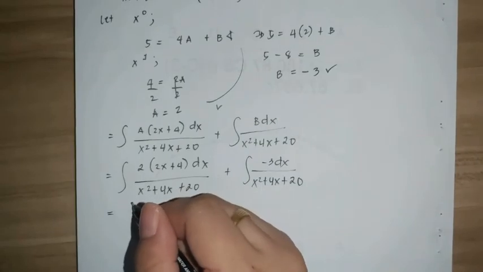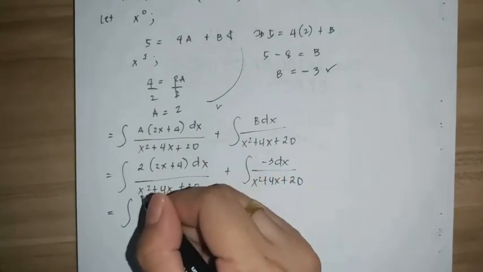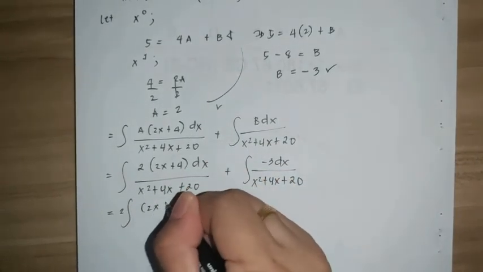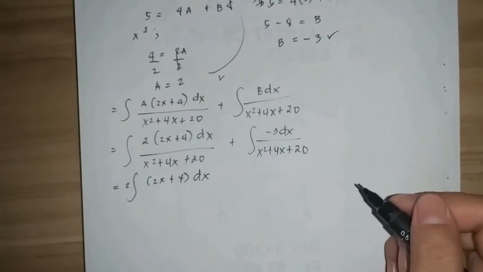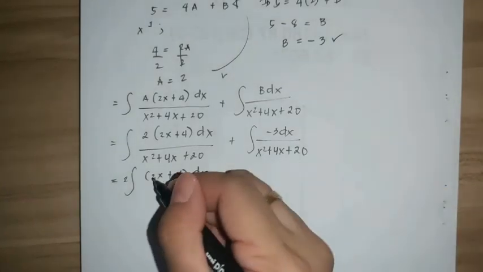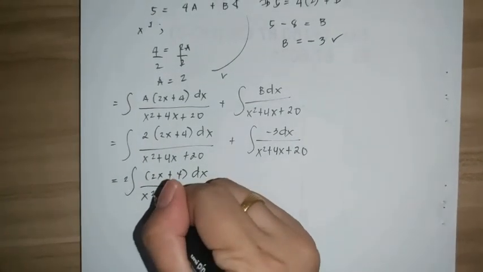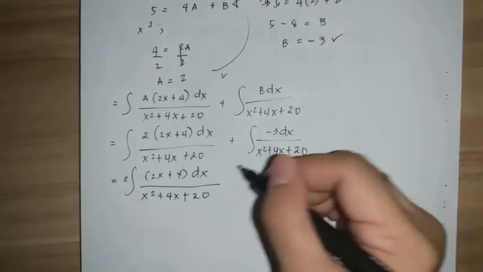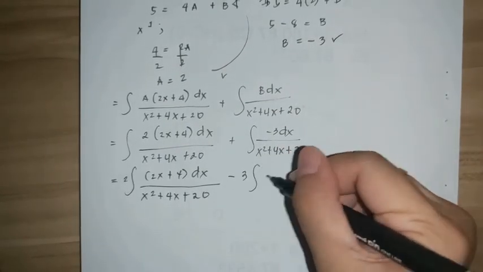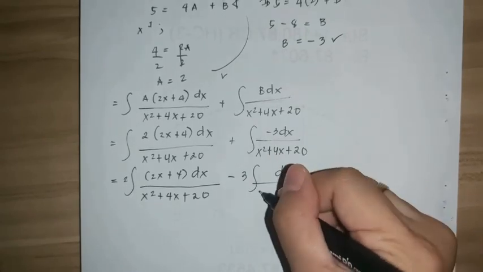So we have 2 times the integral of (2x + 4) over x squared plus 4x plus 20, minus 3 times dx over x squared plus 4x plus 20.